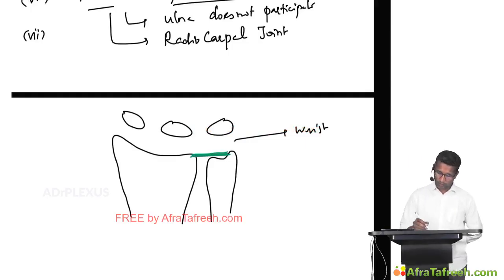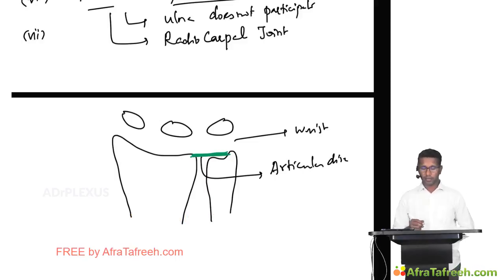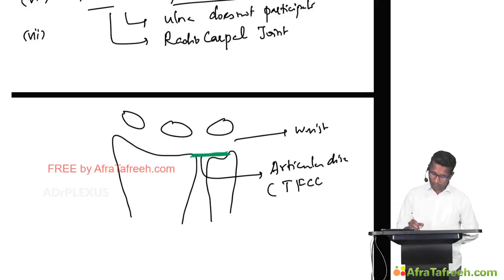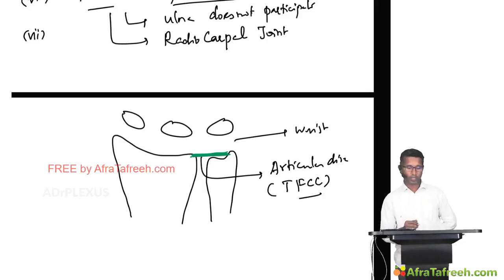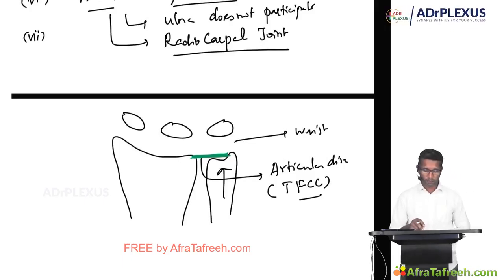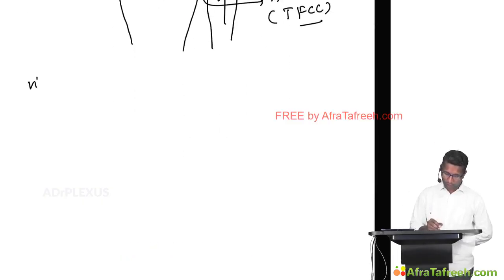This structure you see here is an articular disc, and they form a complex called the triangular fibrocartilaginous complex, the TFCC. So the ulna does not participate in the wrist joint. That is why this joint is called the radiocarpal joint.